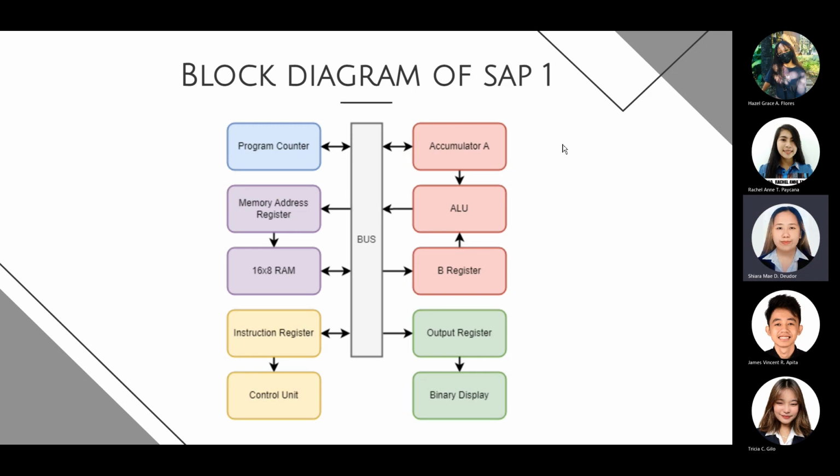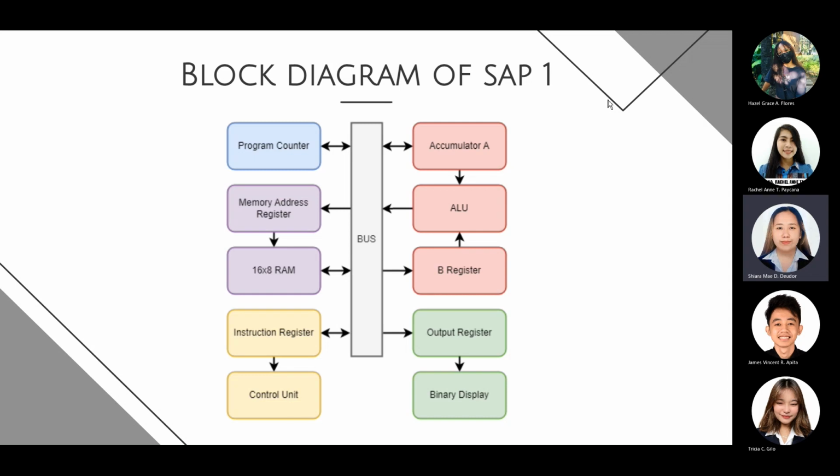We also have the accumulator. It is an 8-bit buffer register that stores intermediate results during a computer run. And then the ALU, adder subtractor. This module is asynchronous, which means that its contents can change as soon as the input words change. And then the B register, it is an 8-bit buffer register, which is primarily used to hold the other operand of mathematical operations.